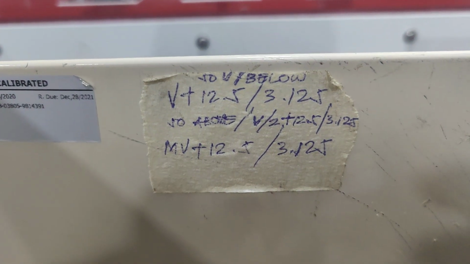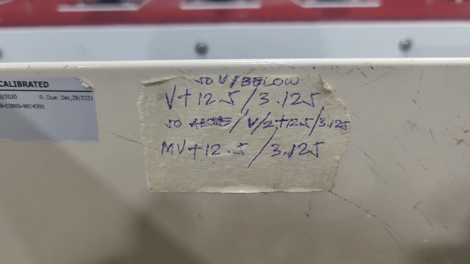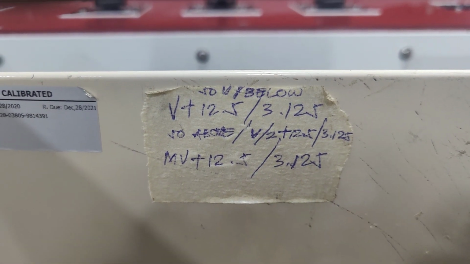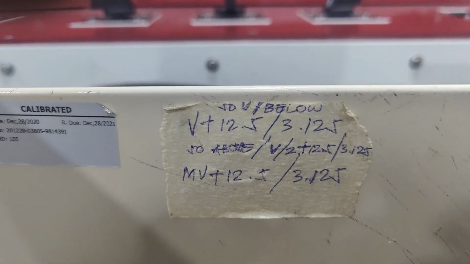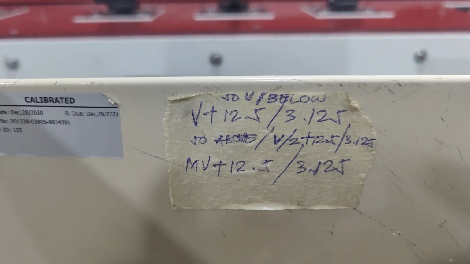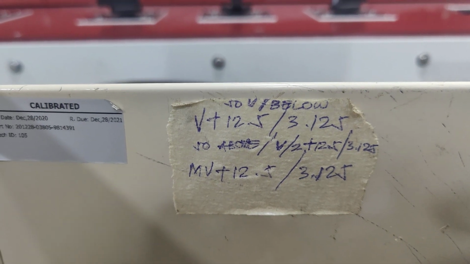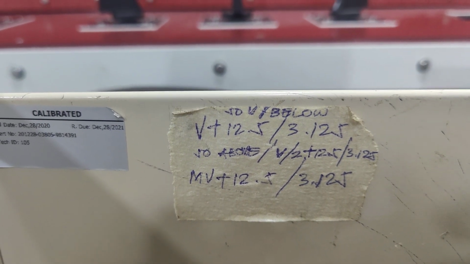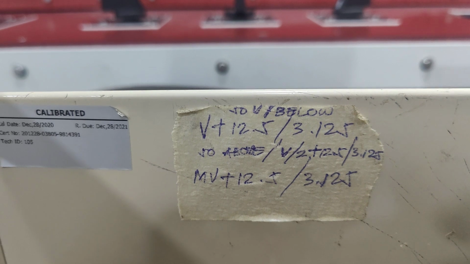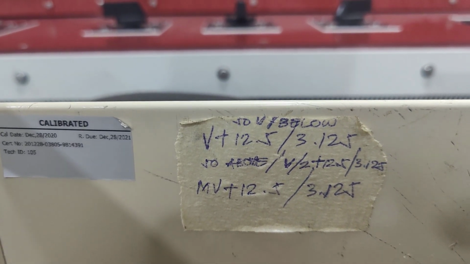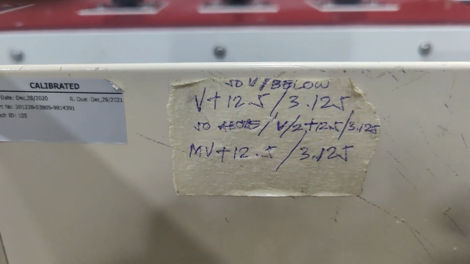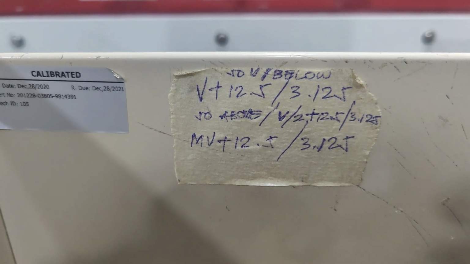These are the two formulas that have to be taken care of when calculating the milliamperes approximately. For a 50 volts TR, the first formula will come into effect: (V + 12.5) / 3.125. Okay, this is for voltage milliampere conversion in the process meter, and the lower one is for 50 and above.